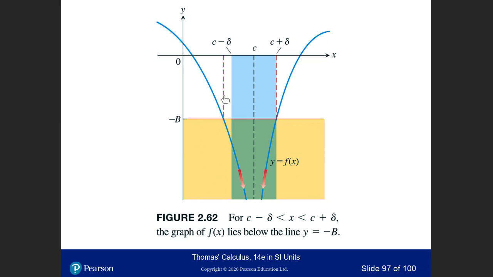But since I'm going to build a symmetric interval around c, I should choose again this one as delta. Then I will be sure that my function value is less than minus b. If I choose the big one, I won't be less than minus b, but I will be greater. So always choose delta as the minimum length interval on the right and on the left.